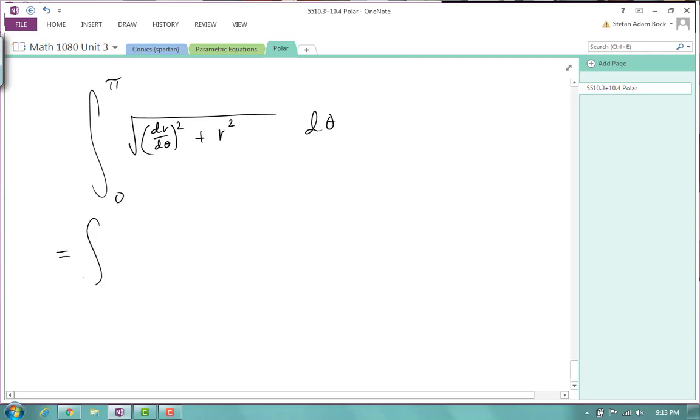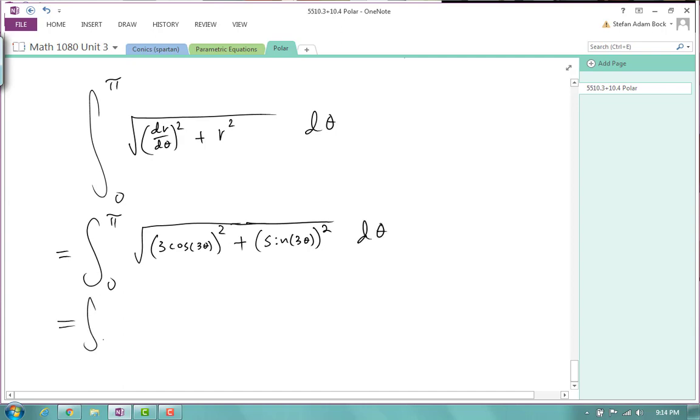But check this out. Dr d theta is equal to 3 cosine of 3 theta, squared, plus sine of 3 theta, squared, d theta. That's from 0 to pi over 3, big square root. I have 9 cosine squared of 3 theta plus sine squared of 3 theta, d theta.